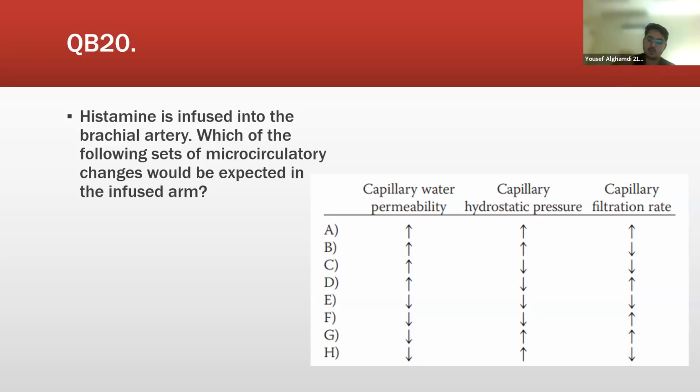So the hydrostatic pressure needs to increase to keep the same velocity of the fluid, as a compensatory mechanism. Is that clear, Saad? Okay, Alhamdulillah. So the answer is A.